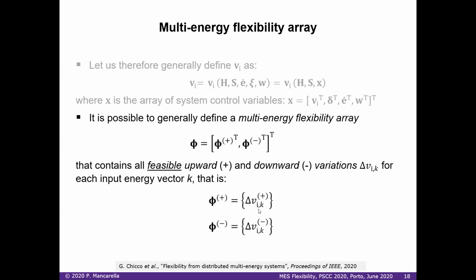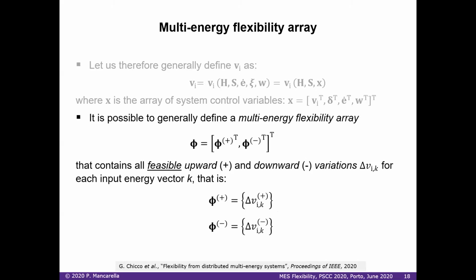So basically, you may imagine that if you have, for example, electricity and gas as an input to your plant, you can define an upward flexibility for your electricity and gas, or a downward flexibility for your electricity and gas.